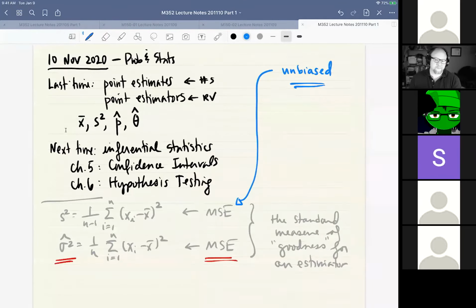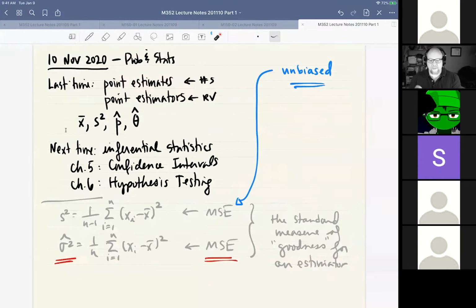It's the unbiased estimator. It has a slightly larger mean squared error than this other estimator, but the other estimator is biased. That is to say, its mean is skewed away from the population mean. The mean of this estimator is skewed away from the mean of the parameter it's trying to estimate. Whereas this statistic, its mean is exactly equal to the mean of the variances. So that means that this is a more accurate estimator than this.